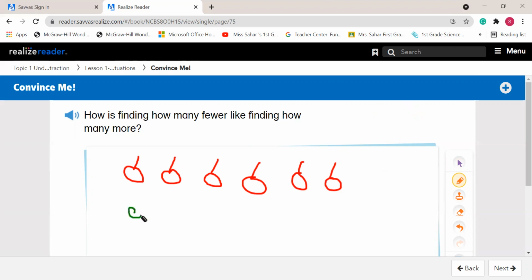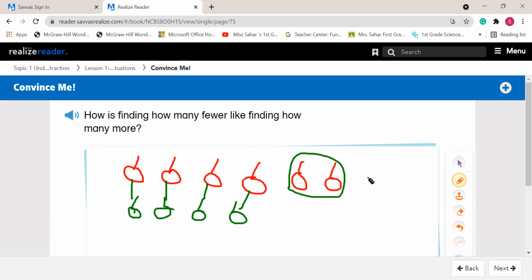So how is finding how many fewer like finding how many more? Because I'm seeing here that Emma has 2 more than Beth, or I can say that Beth has 2 fewer.